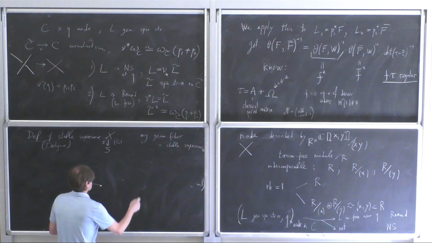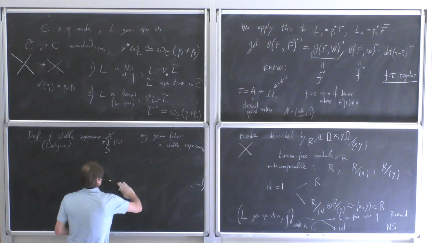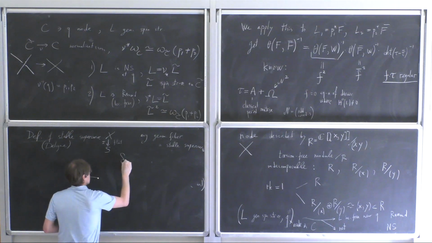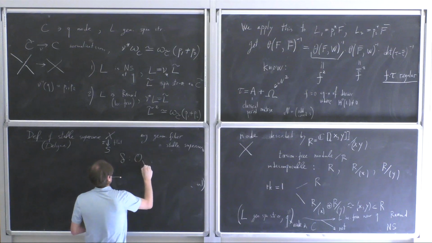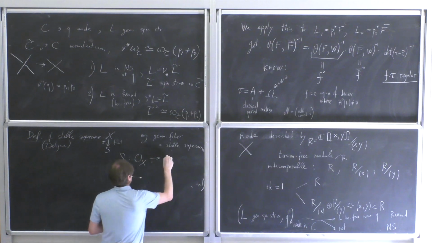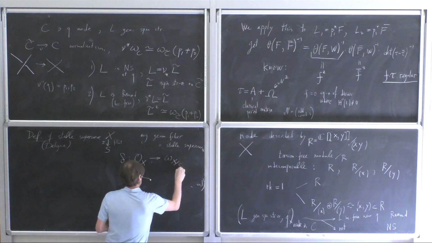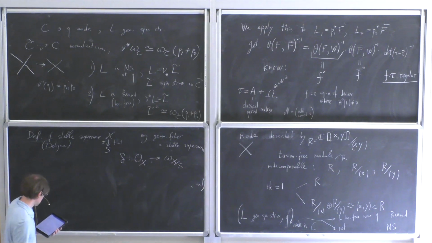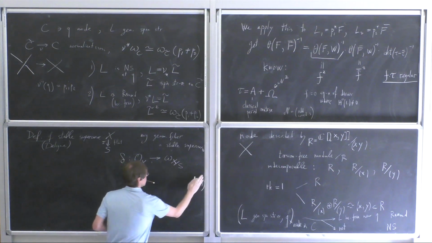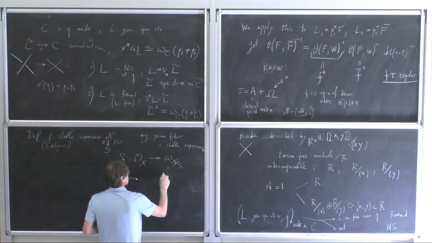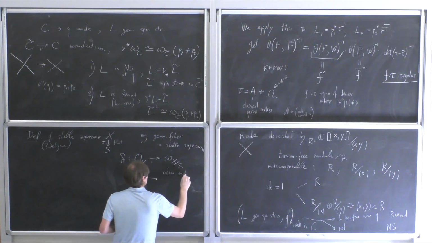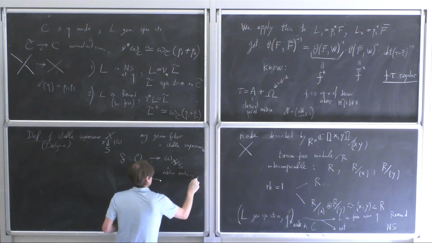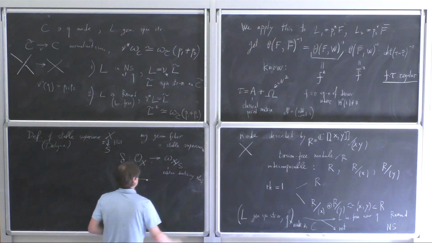And the global structure that induces this is this derivation, delta. So this is defined globally for this entire family. Here, omega X/S is a relative dualizing sheaf, and it's not necessarily a line bundle.